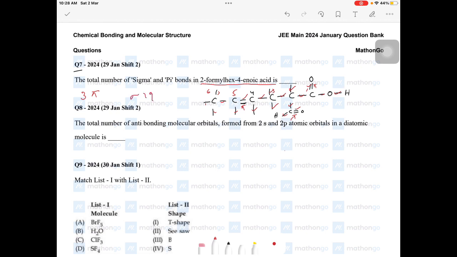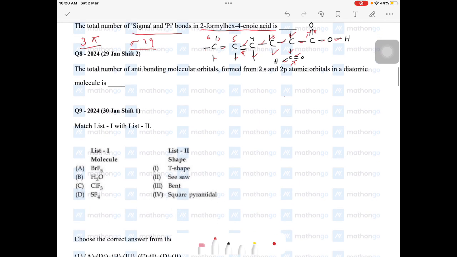Sigma bonds are 19. The total number of sigma and pi bonds is the sum of these two, 19 plus 3.